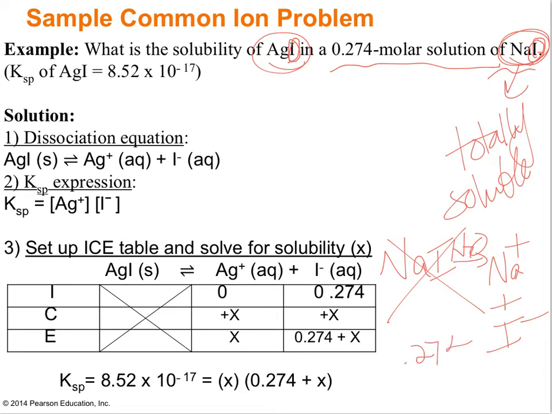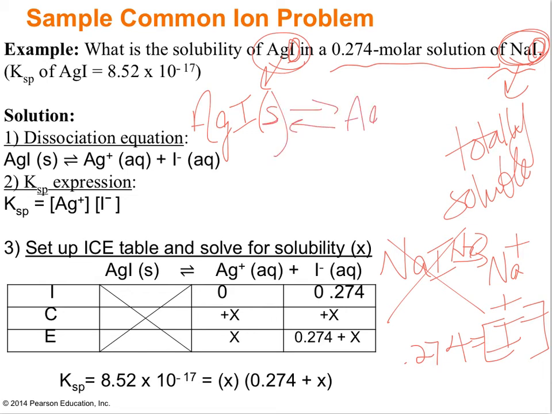0.274 molar as the concentration of iodide ion already present from the sodium iodide. And then you put in silver iodide, which is slightly soluble. Previously you were taught that it's insoluble. But here we go. We can set up a KSP expression for the slightly soluble material.